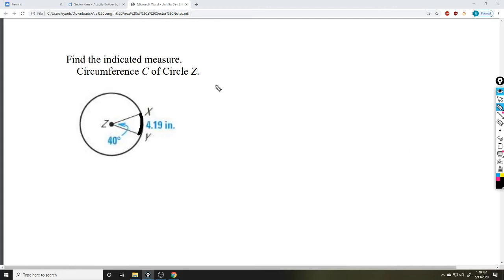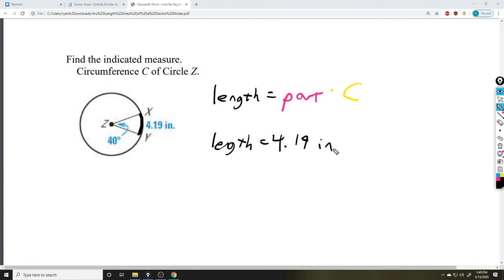So I still have my same formula, which is that length equals part of the circumference, but this time I am trying to solve for C. So let's look at how that looks. Our length is 4.19 inches. We know the length here.